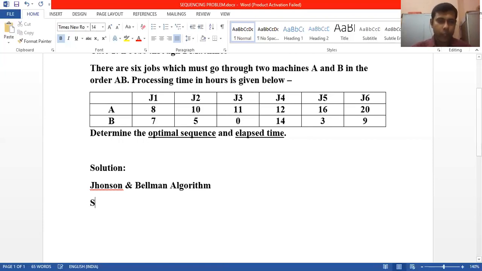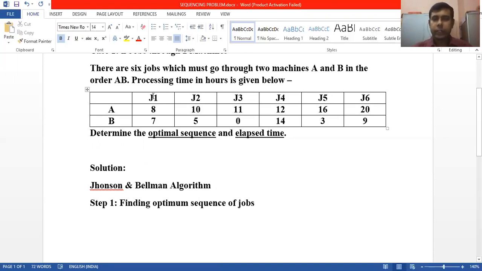Step 1 talks about finding the optimum sequence of jobs, right? Now, let us move forward and try to find out the optimum sequence of jobs.